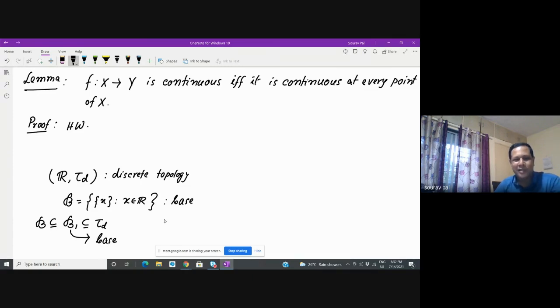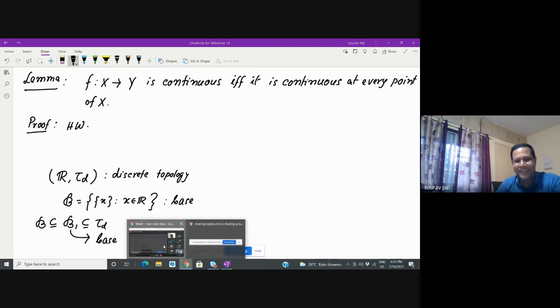You can prove this easily, right? Because you are putting in some more sets. If you add some more sets to a base, it is again a base. No doubt about this. Now, how many such members are there in between script B and tau d? You can never know how many of them there are.